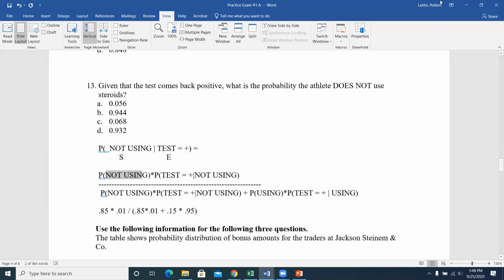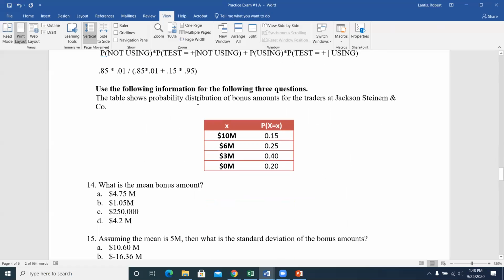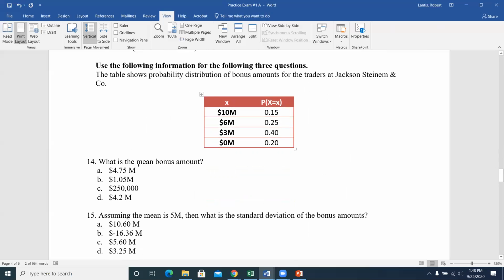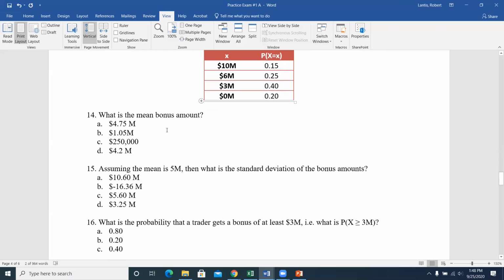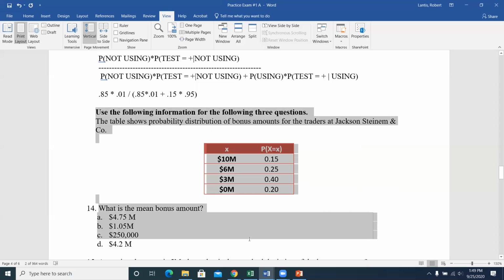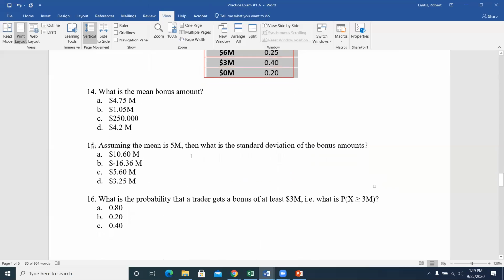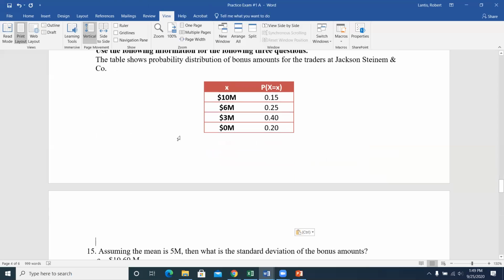One thing I will say, since we have a couple minutes, is notice where I say use the following information for the next 3 questions. I can get rid of it still, but what I did was to avoid any confusion about what the next 3 questions are. You would see this, and then in the next problem I show you the exact same information, so it's all contained in each question.